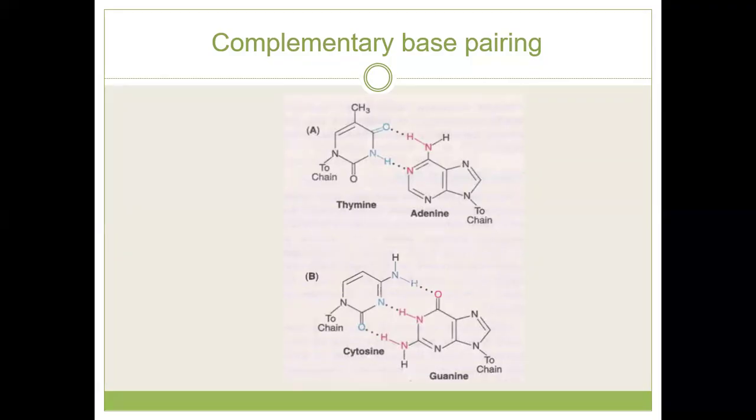Because it is 3 hydrogen bonds compared to the 2 between thymine and adenine, it is a clear indication that the interaction between cytosine and guanine is stronger than between thymine and adenine. Is that clear? Yes, sir. Okay.